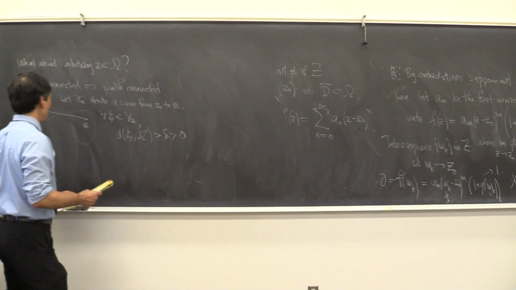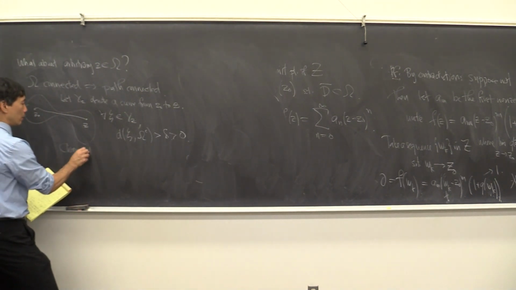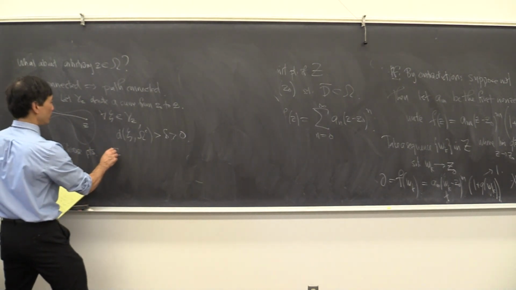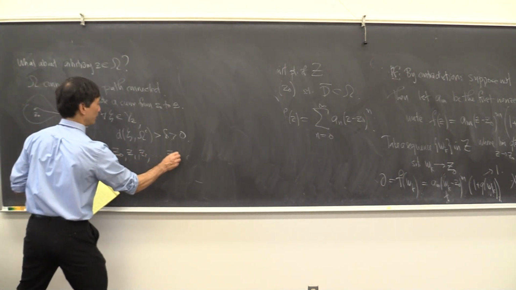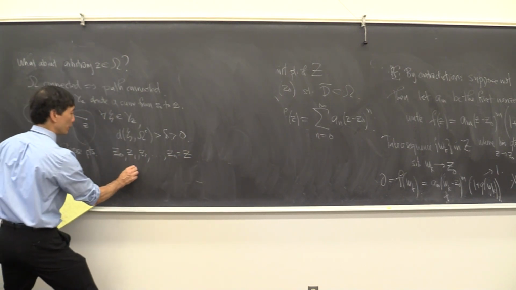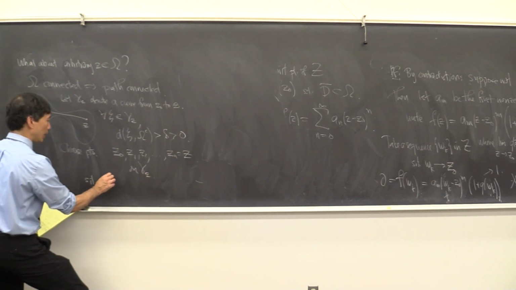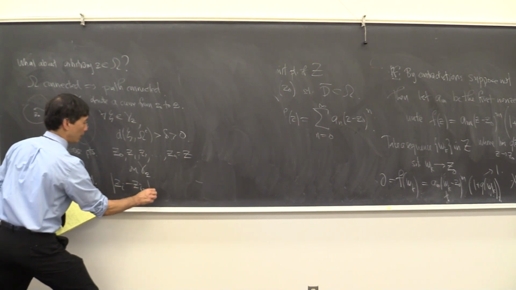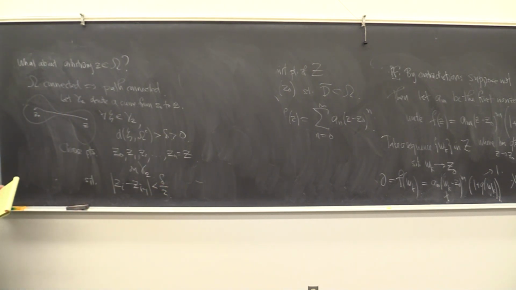Okay. So choose points z0, z1, z2 through zn, where zn is z, on the curve, such that the distance between consecutive points is always smaller than delta over 2.